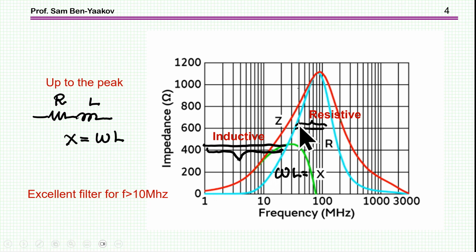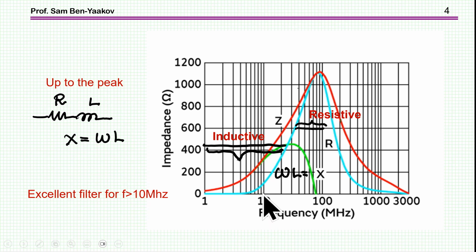This resistive part is not a DC resistance, it's an AC resistance. You can think of it as a loss of the ferrite material. It's a loss due to the AC, not affecting the DC. And being a loss, it starts to be significant at high frequency. At low frequency, up to say 10 megahertz, the resistive part is relatively small.